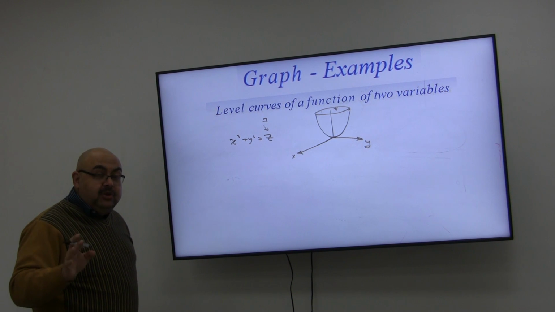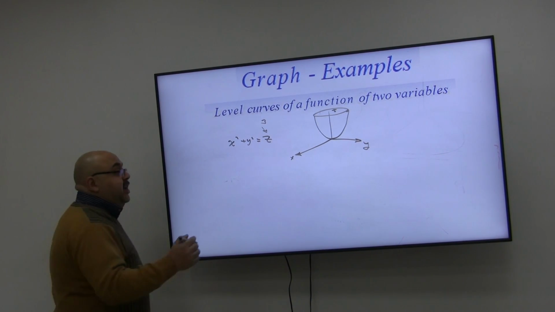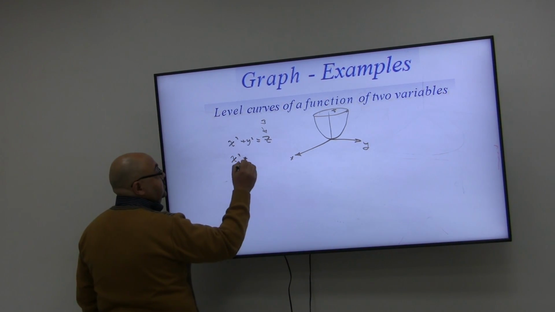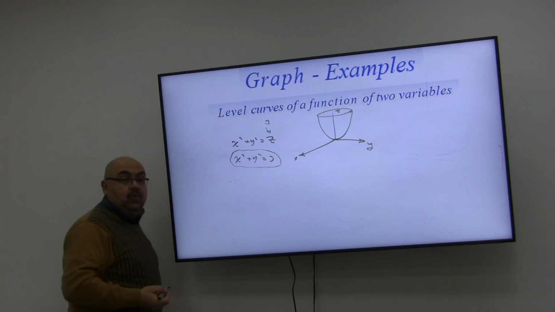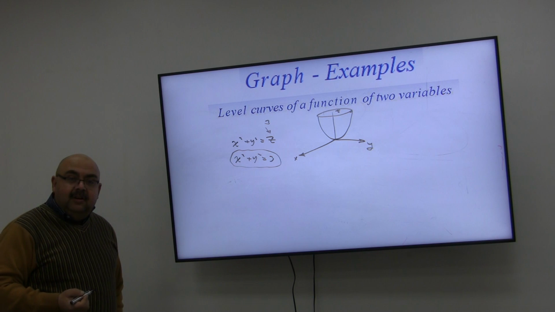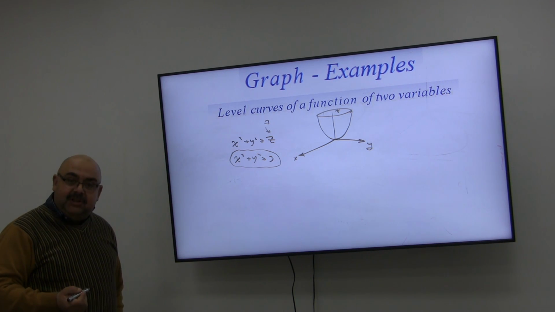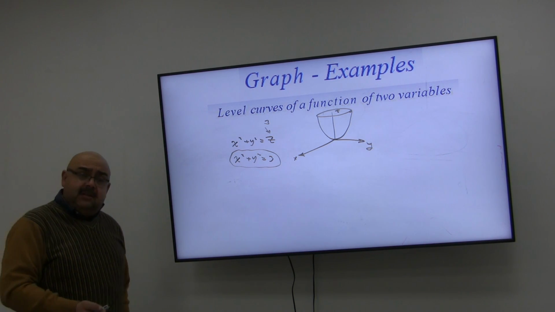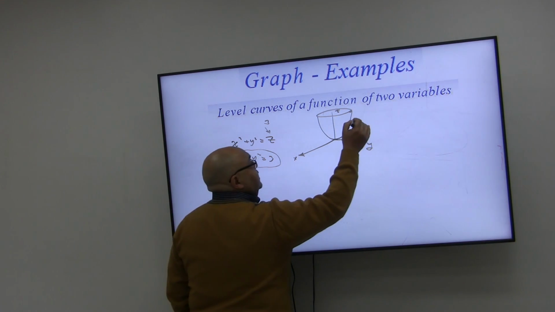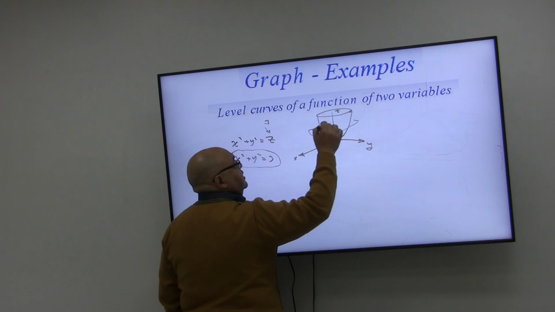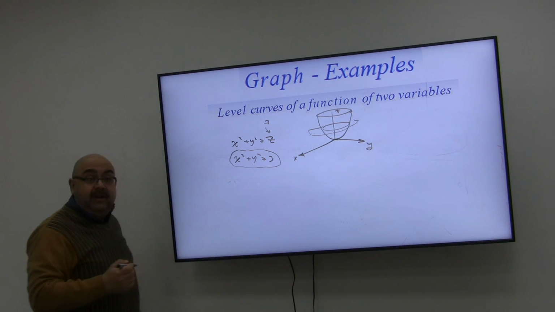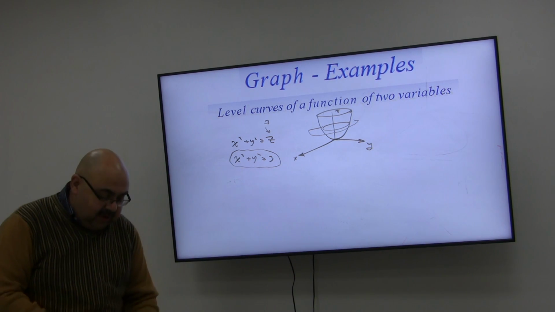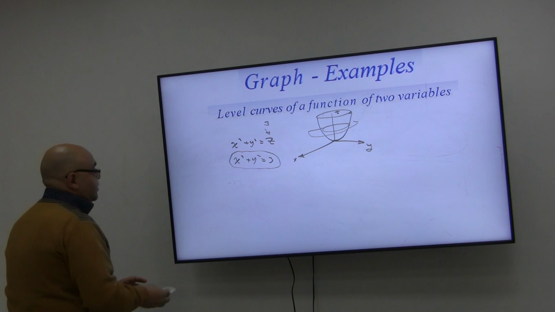So the equation, Ziyad, will be x squared plus y squared equal to 3. What's the shape of this equation? Or what does it represent? Circle with radius root 3, which makes sense. z equal to 3 is a plane. If it cuts this shape, the result will be a circle. Am I right? That's what the level curves represent.